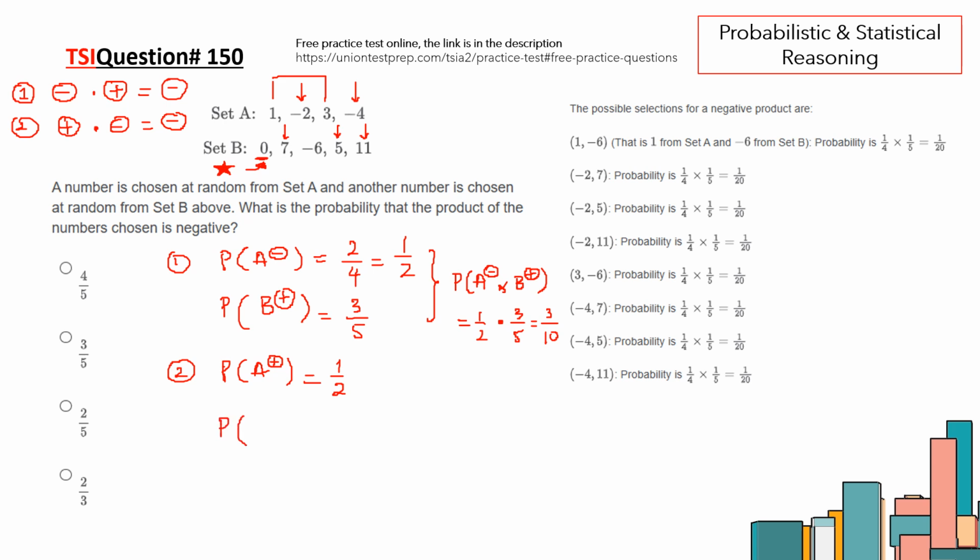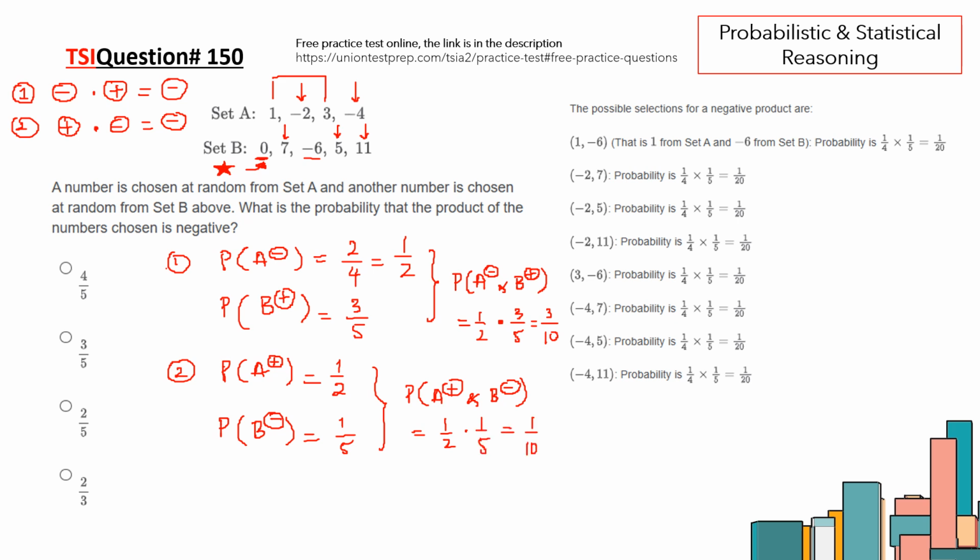Now, the probability of choosing a negative from set B will be 1 out of 5, because only -6 is a negative number in set B. Same thing here, the probability of choosing a positive from set A and a negative from set B equals 1/2 times 1/5, that is 1/10.